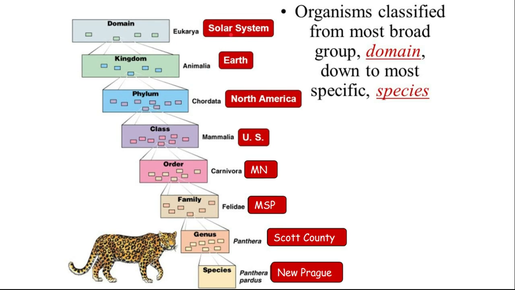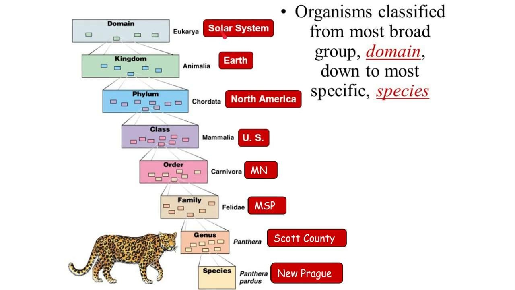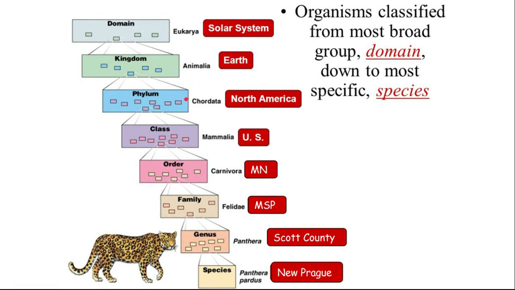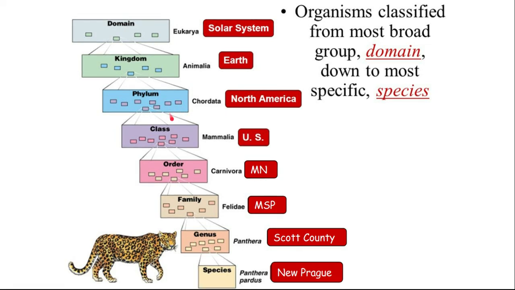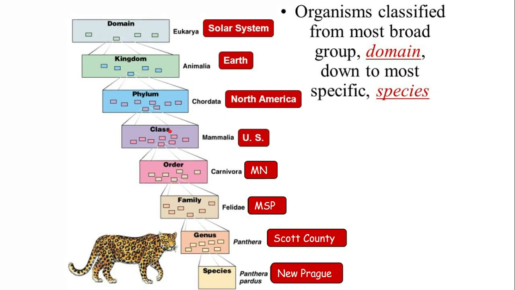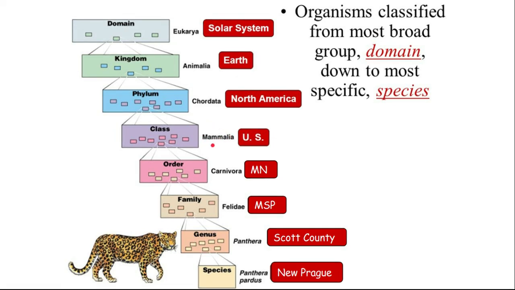One planet within the solar system is Earth. Going down even further, a phylum, which is smaller than a kingdom, would be like the phylum Chordata. For Earth, a smaller part of Earth is a continent, like North America.